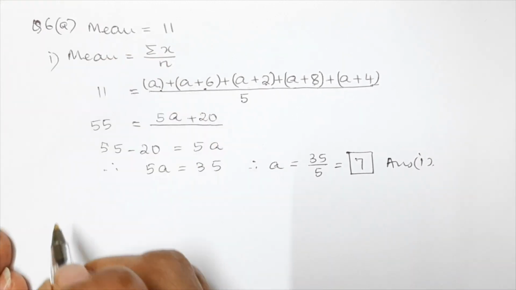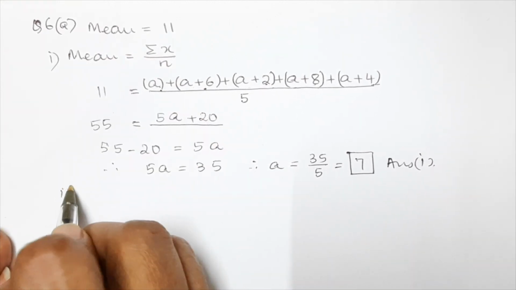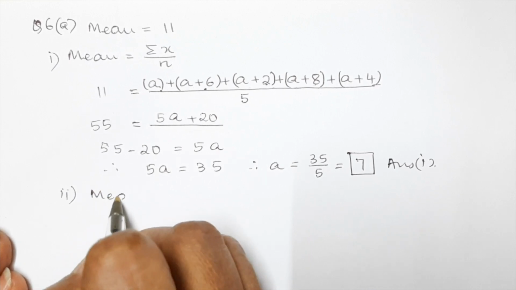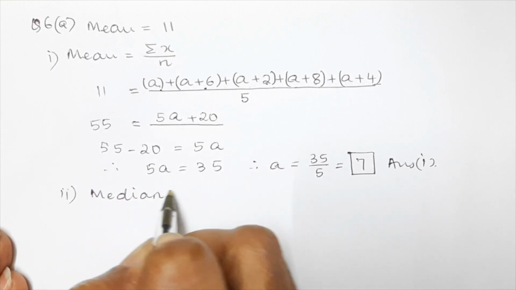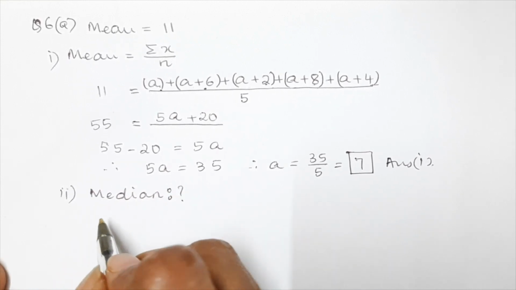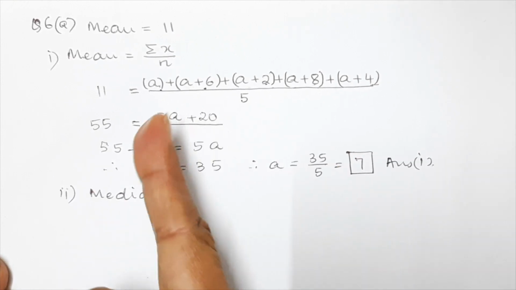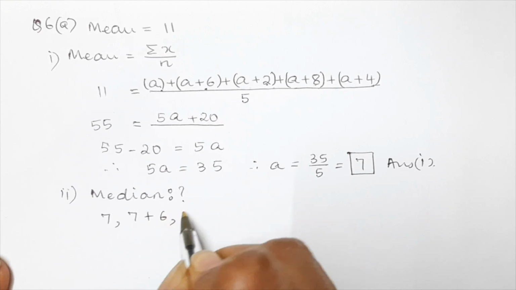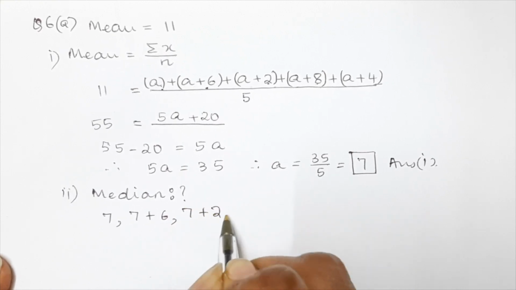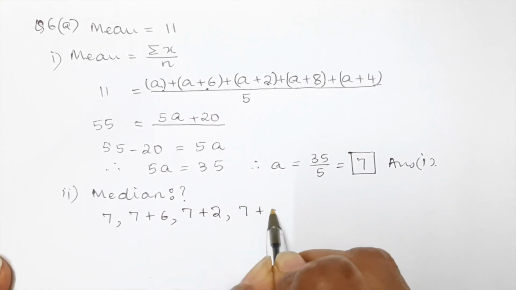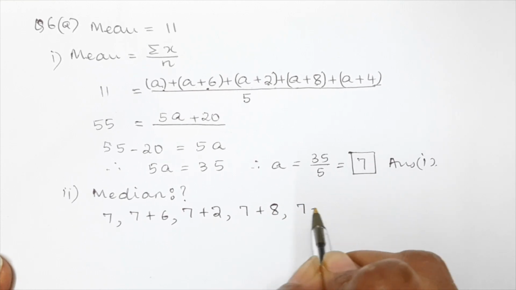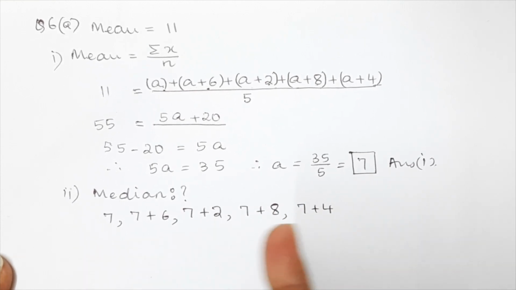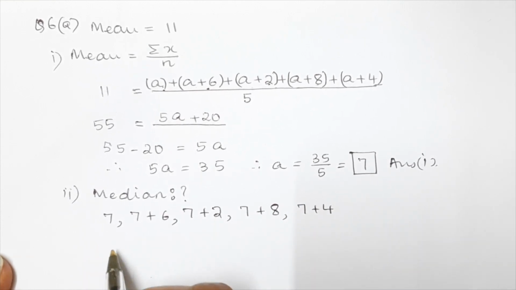Now this was our first part. The second part asks us to find the median. Okay, so we are going to write these values as 7, then 7 plus 6, then 7 plus 2, then 7 plus 8, then 7 plus 4. So these are the 5 values which are given to us.